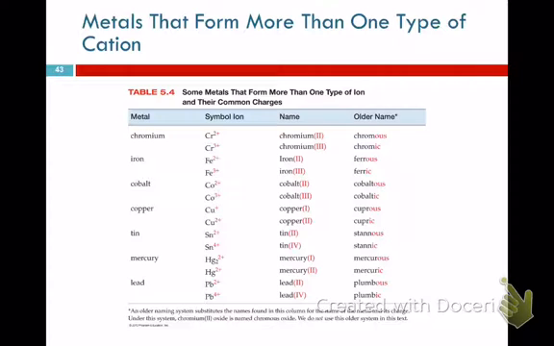Just like that. So then the question is, why don't you tell people how many chlorines there are? And the answer is because it comes from the charge. Since aluminum always is a 3+, and chloride is always a 1-, there is only one combination that it makes. So we don't say aluminum trichloride because they figure it out from the charges.